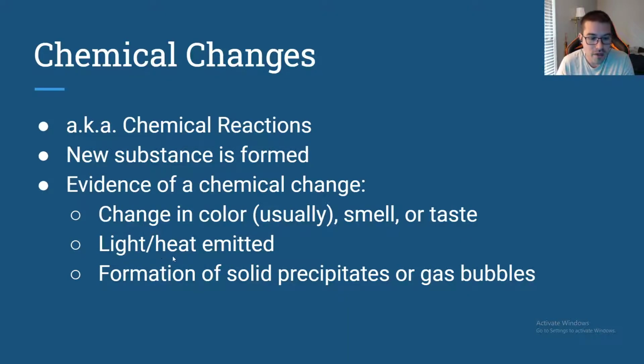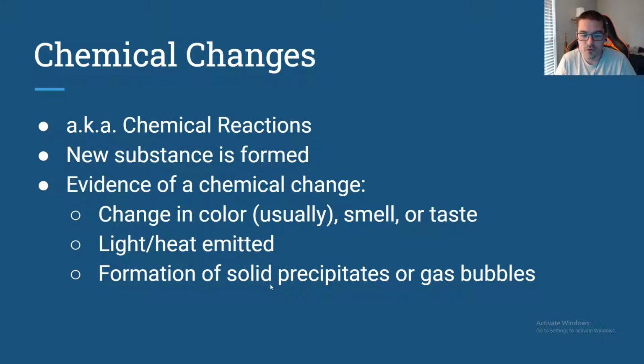If light or heat is being emitted, then that is a really good indication that a chemical change or a chemical reaction has taken place. And then the formation of solid precipitates or gas bubbles. Okay, so what does this mean? This is really talking about when you mix together two different liquids.